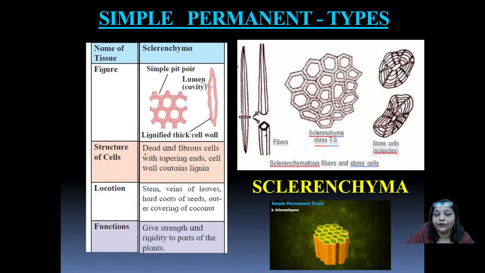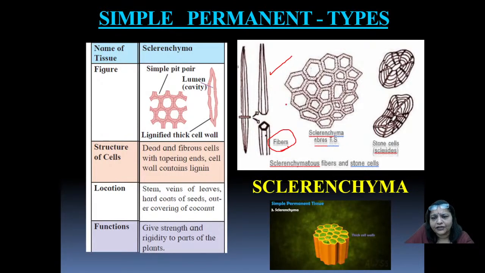They actually lose the nucleus and the cytoplasm, and they become dead tissues as they mature. If you see the structure of these cells, they are all cells with tapering ends. If the sclerenchyma tissue shows tapering ends, then they are called fibers. They are sclerenchyma fibers. You can see the elongated cells which have a very broad lumen.